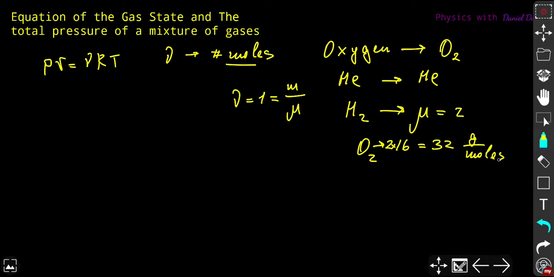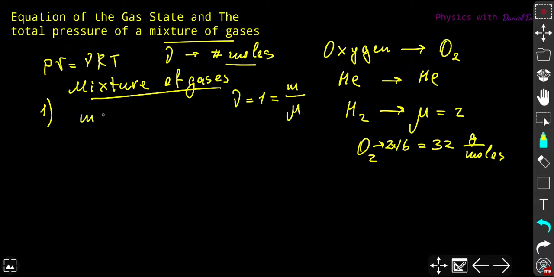But right now we're going to consider a mixture of gases. So what is the law behind how we take into account, for example, pressure and the total mass? In terms of mass, it's pretty obvious, right? Since we have a mixture of gases, we simply need to add each component's mass, if we have n components.